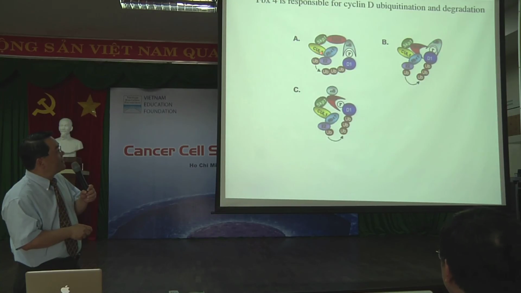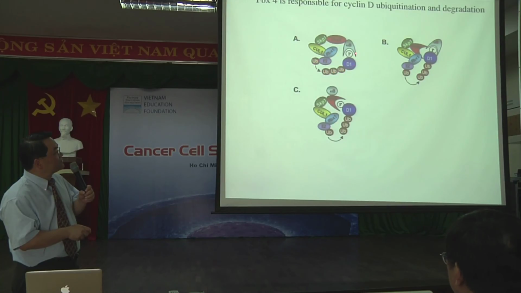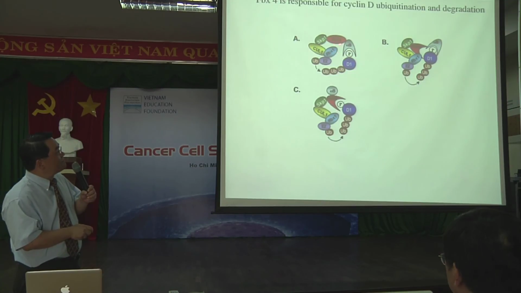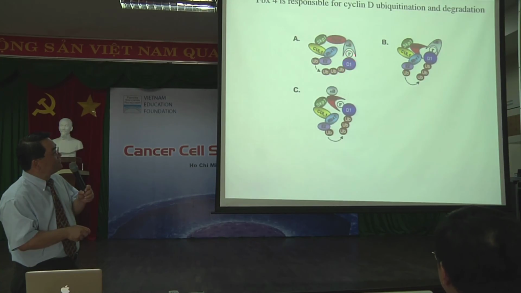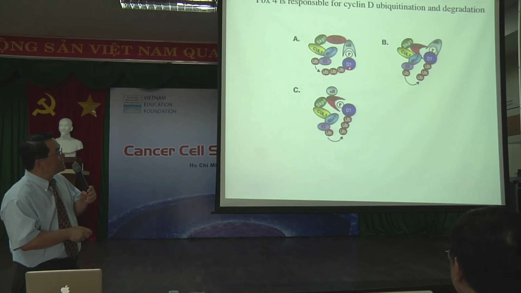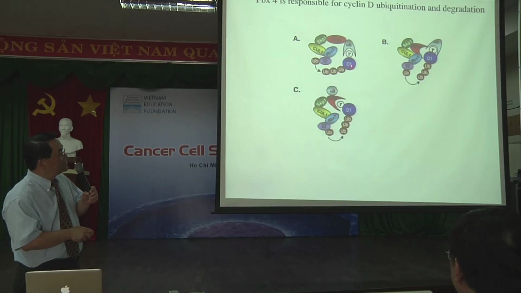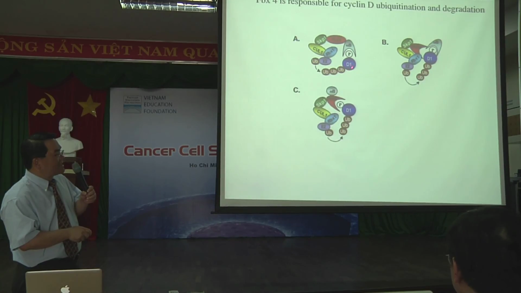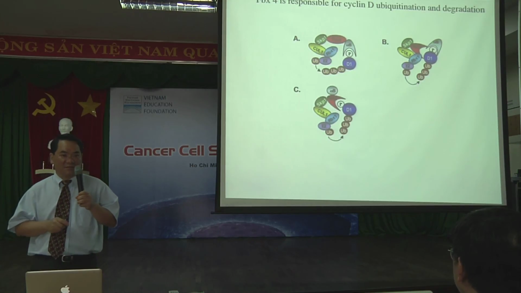SCF complex, okay, in association with the E2, is able to transfer ubiquitin onto cyclin D, okay, and it's possible that FBOX4, by interacting with the alpha B crystallin, will be able to recognize the phosphorylated form of cyclin D, causing cyclin D ubiquitination, thereby causing cyclin D degradation.